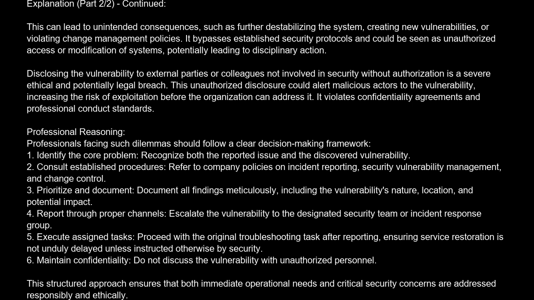Escalate the vulnerability to the designated security team or incident response group. 5. Execute assigned tasks. Proceed with the original troubleshooting task after reporting, ensuring service restoration is not unduly delayed unless instructed otherwise by security. 6. Maintain confidentiality. Do not discuss the vulnerability with unauthorized personnel. This structured approach ensures that both immediate operational needs and critical security concerns are addressed responsibly and ethically.